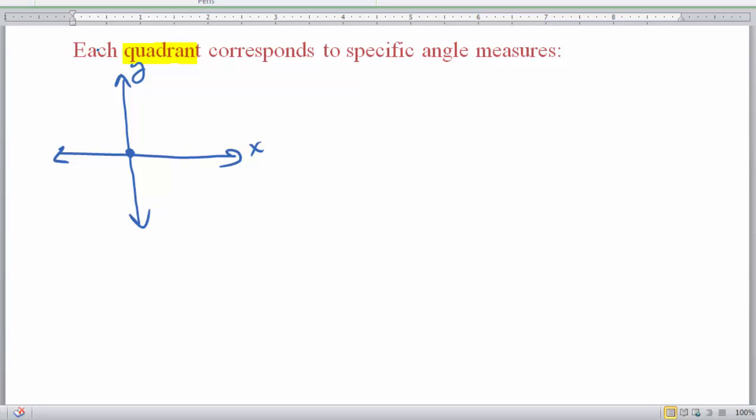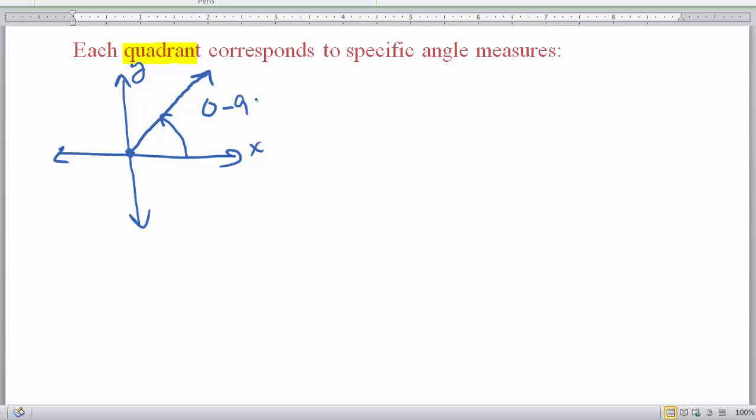So each quadrant corresponds to a specific angle measure. So any angle whose terminal side is in the first quadrant would be between 0 degrees, if it hasn't rotated at all, and 90 degrees, because 90 degrees would make a right angle.